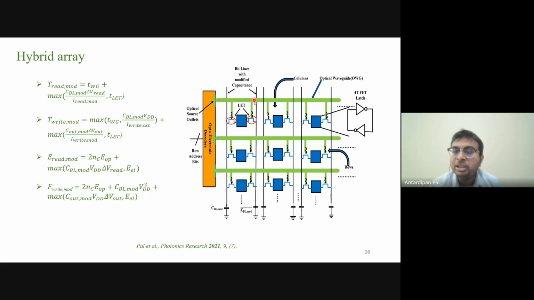Because now we are increasing the length of an optical waveguide, and light travels by total internal reflection at a speed of 3 × 10⁸ divided by the refractive index of whatever material we have used. That means 3 × 10⁸ itself is a huge number. If we reduce it by 1%, 2% due to the increase of this length, even if the delay increases a bit, it won't be much, because it's light after all, right? It travels at a very high speed.